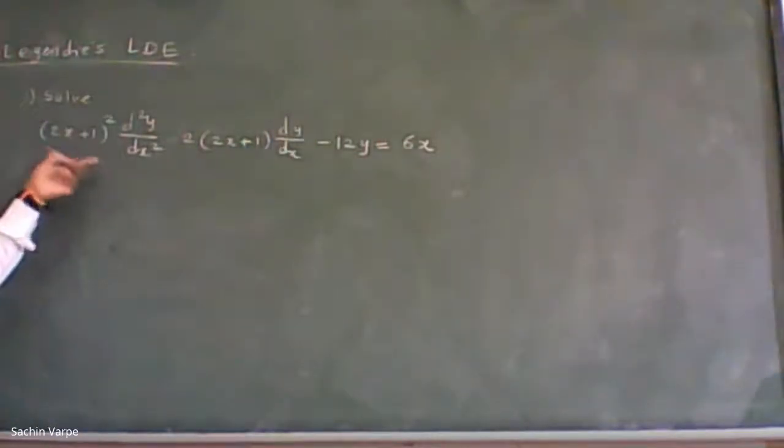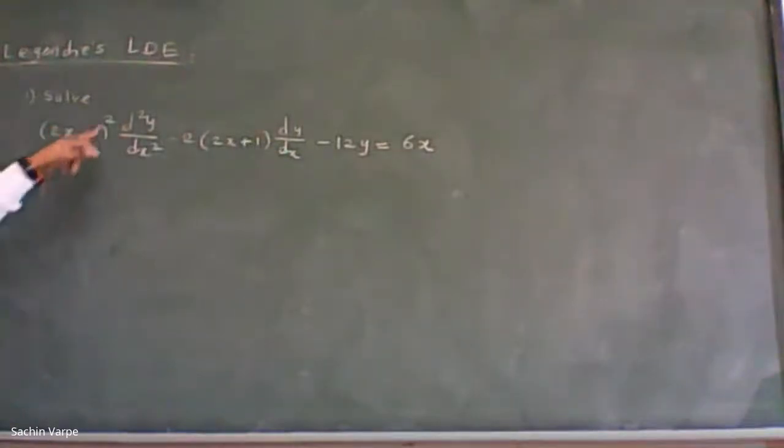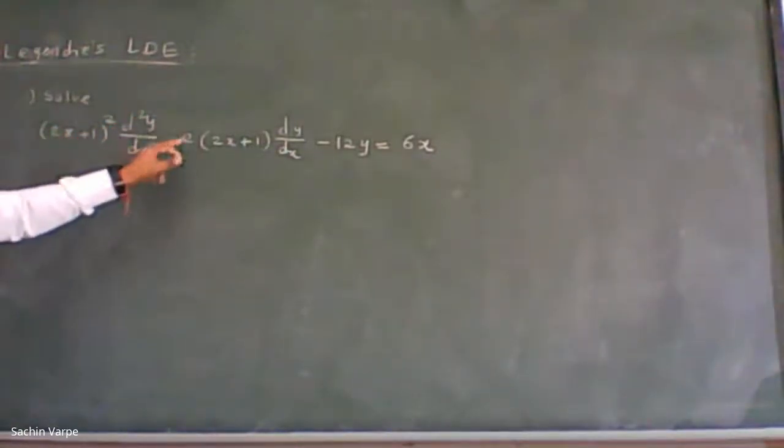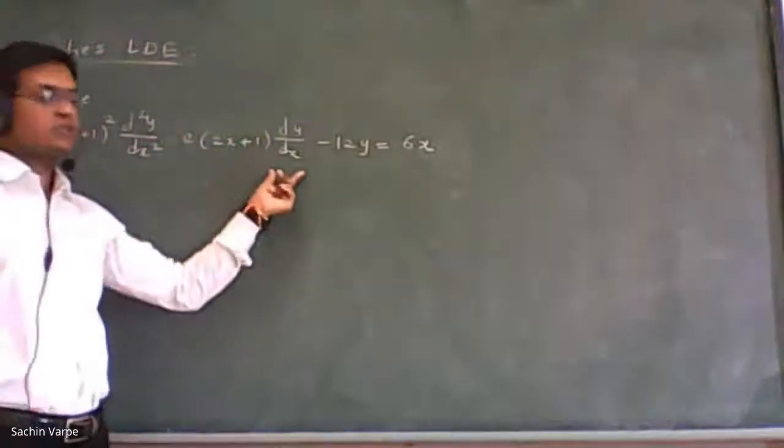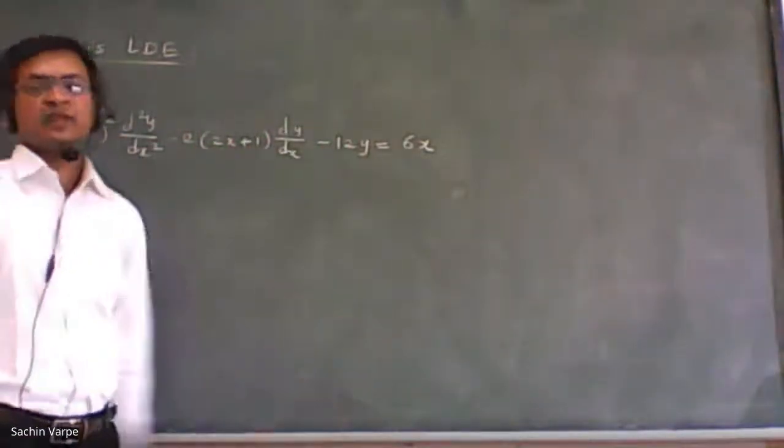Is it visible? No, it is not visible. So take the Legendre's equation to solve: 2x plus 1 square d2y by dx square minus 2 into 2x plus 1 dy by dx minus 12y is equal to 6x.